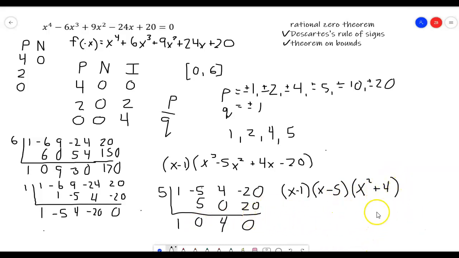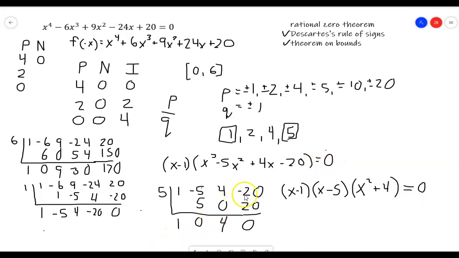All right, so I've got 2 of my factors out, and I have 2 of my solutions right now. One of my solutions is 1. One of my solutions is 5.